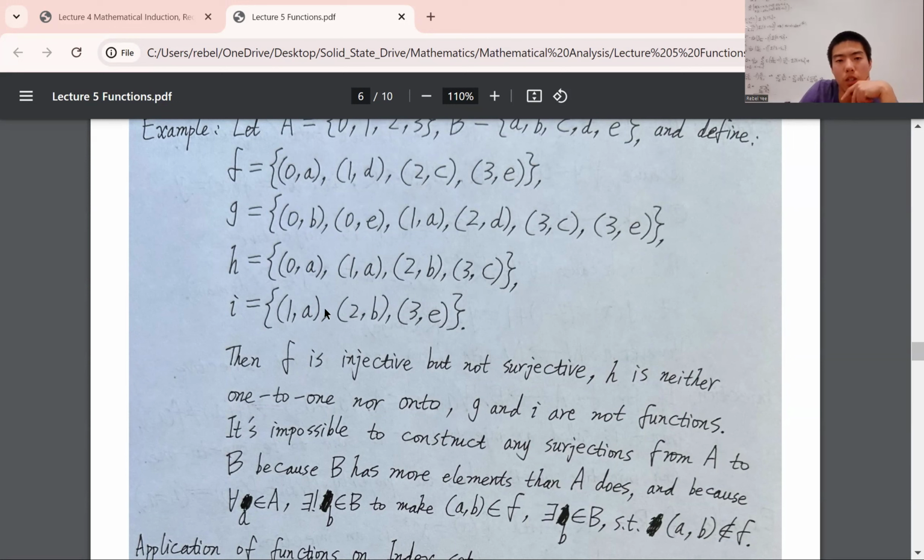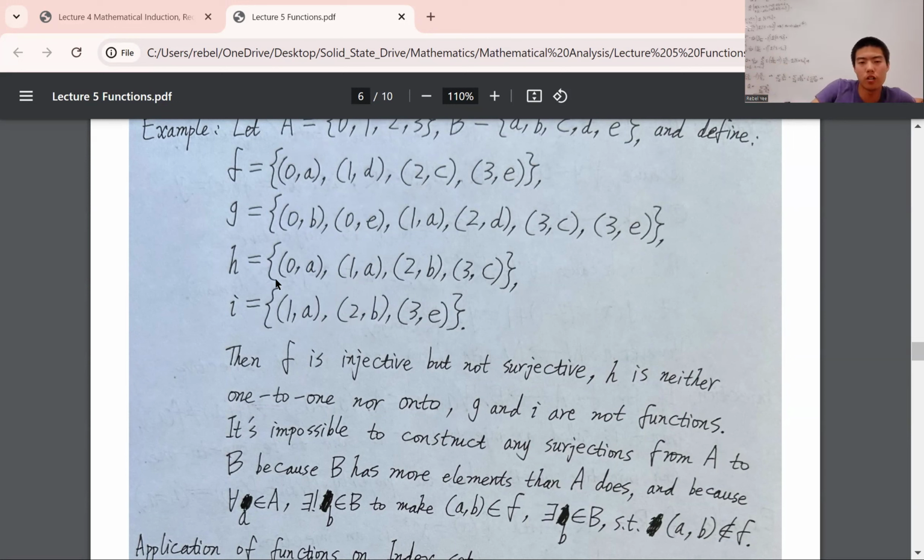And I doesn't count as a function because not all of the elements in the domain are included. So 1 to A, 2 to B, 3 to E, and 0 is not linked. So I and G are not even functions.